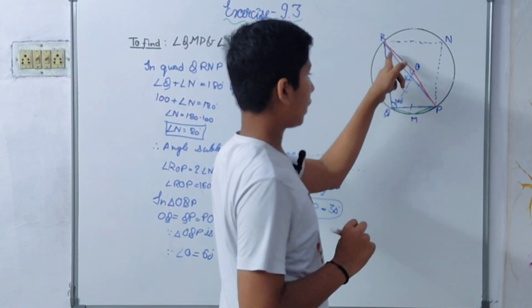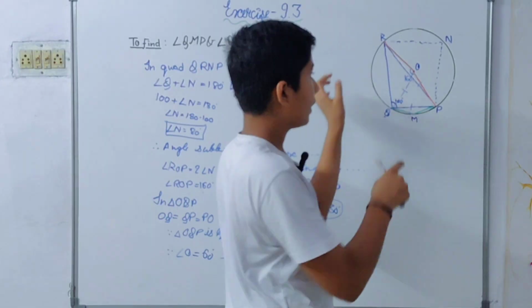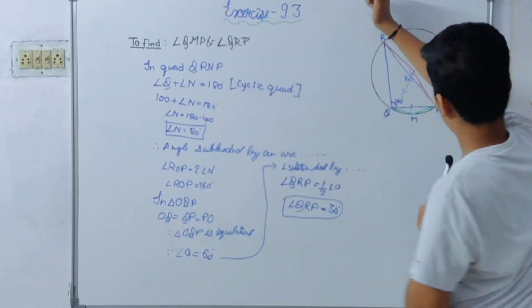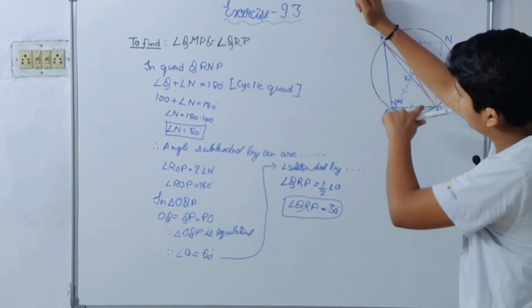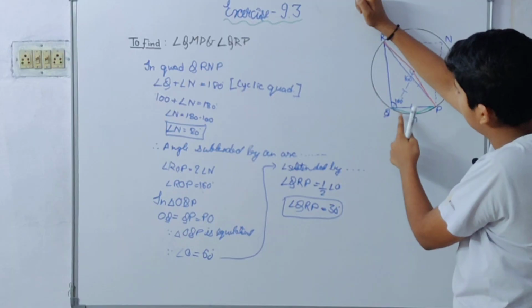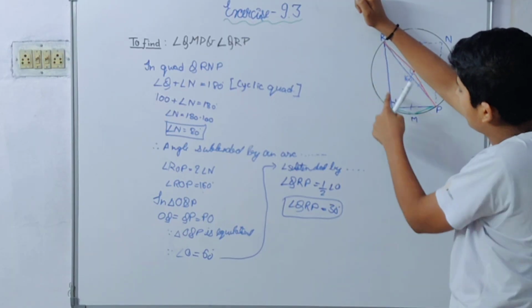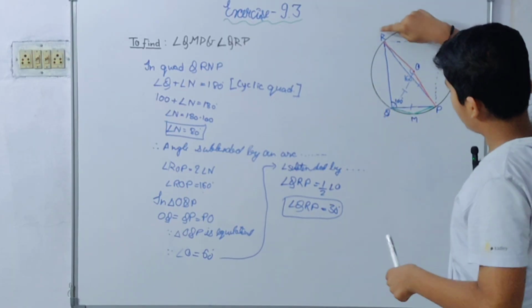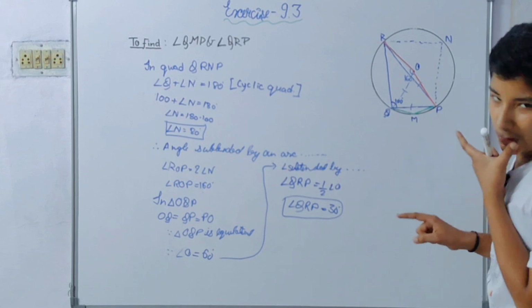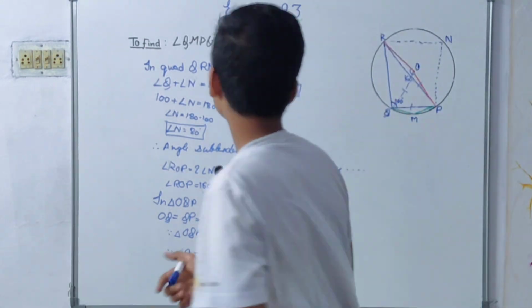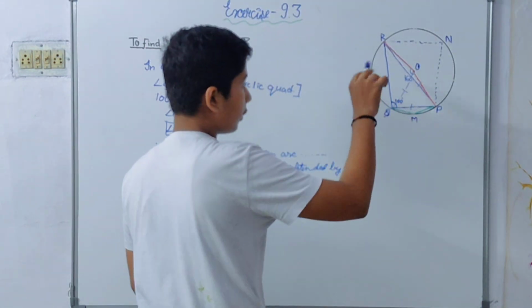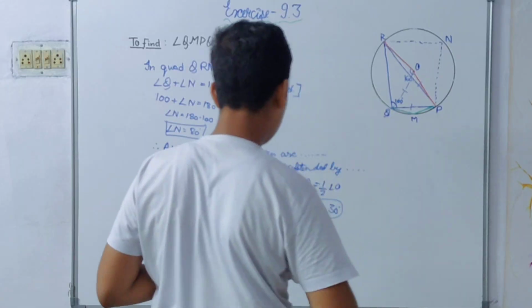Now in cyclic quadrilateral RQMP. How? See, over here, this is a quadrilateral RQMP, because this corner, this and this corner also touch the edges of the circle.